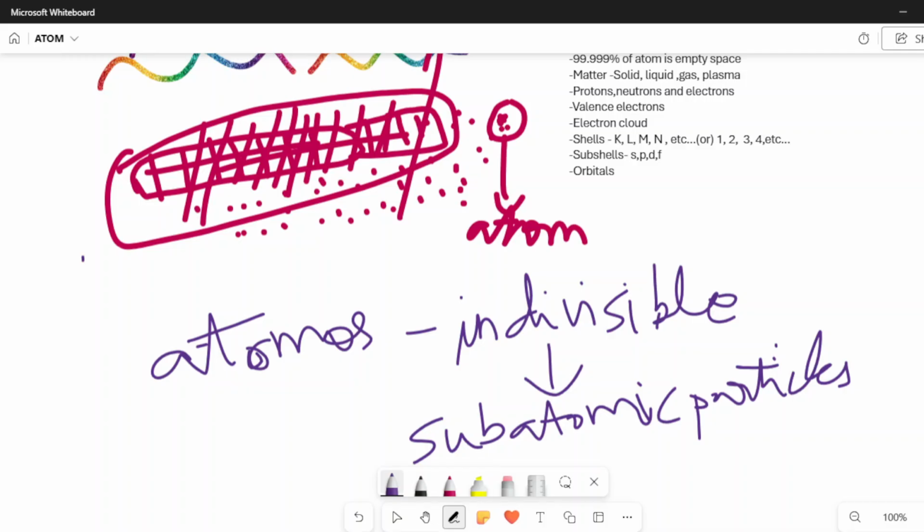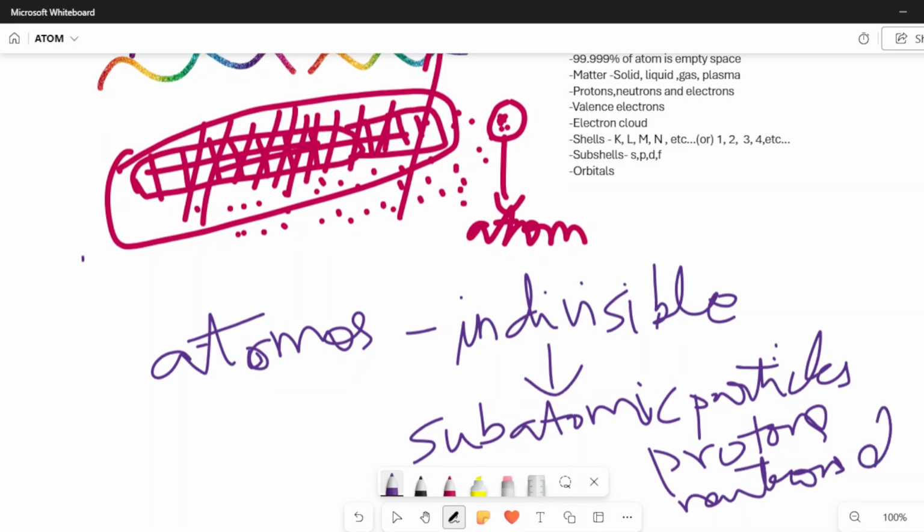Which are protons, neutrons, and electrons. So these are the three things: protons, neutrons, and electrons.